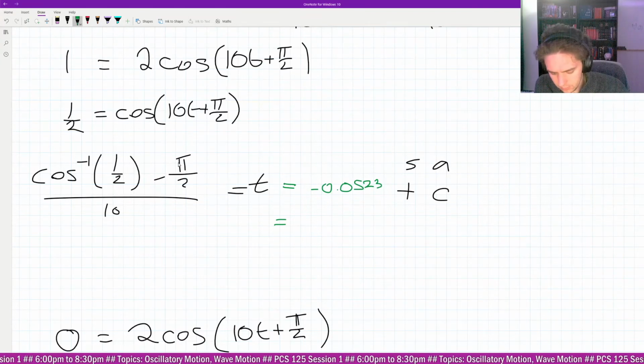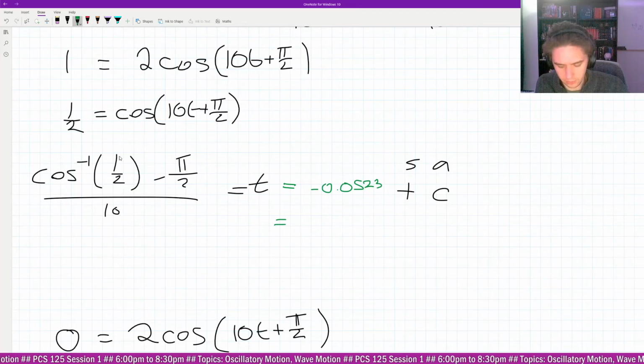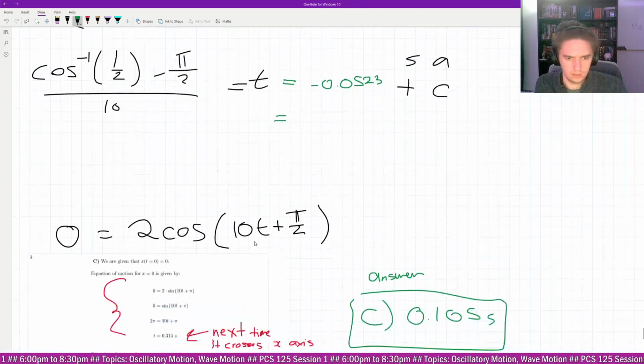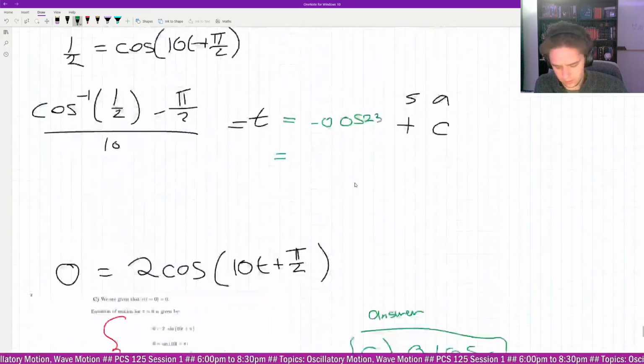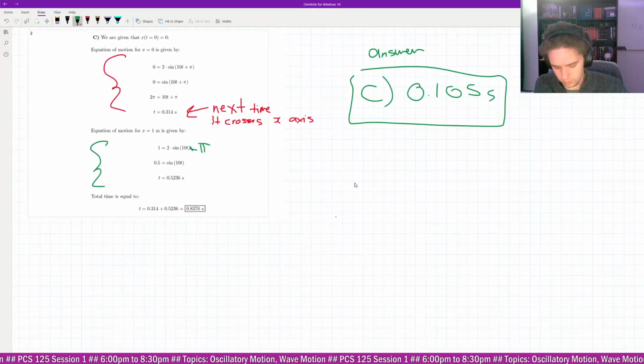Let's see, pi over 3. 0.052. What did you say? You got 0.0523 or something? 524? Yeah, that was it. That's when I subtracted them, but there's no reason for me to do that. What was this answer we got? Yeah, 0.314. What's the answer?